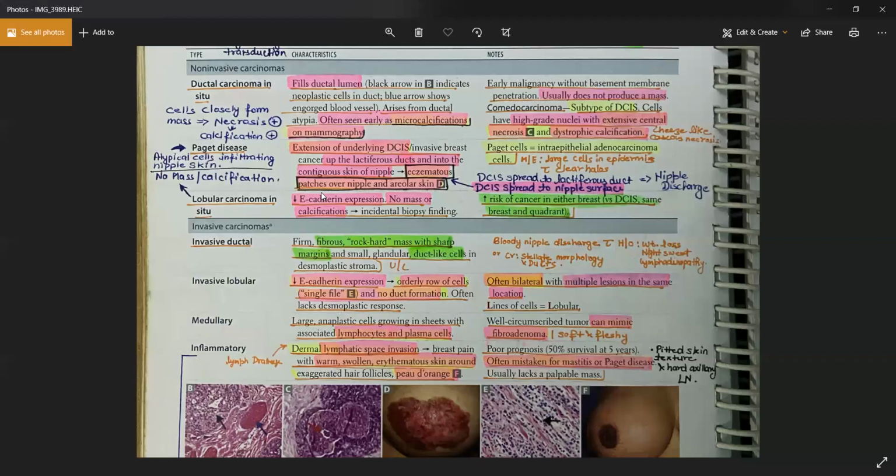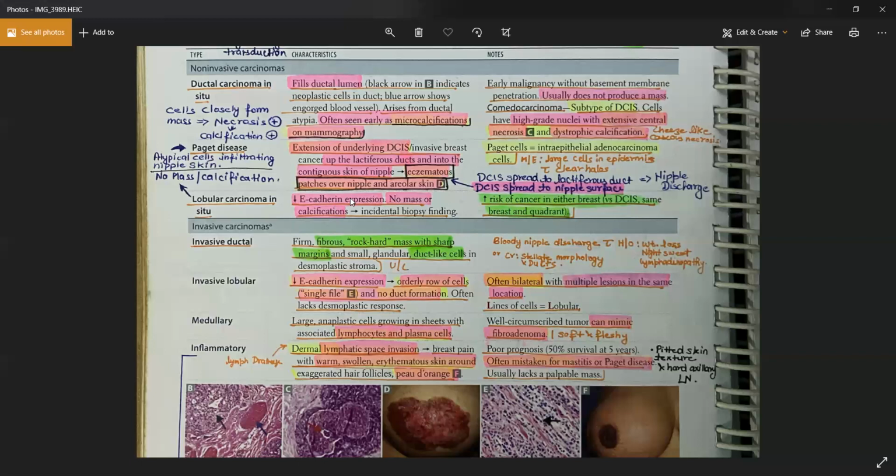No, exactly the opposite happens. The function of E-cadherin is to hold the cells together. So when E-cadherin is lost, you will have movement of cells throughout the tissue.